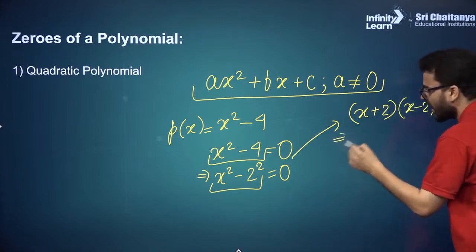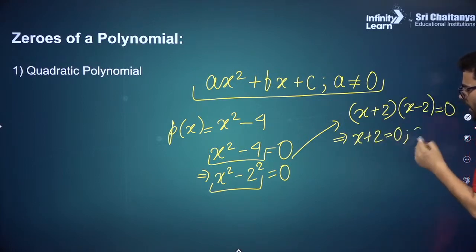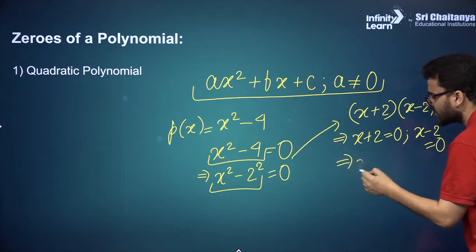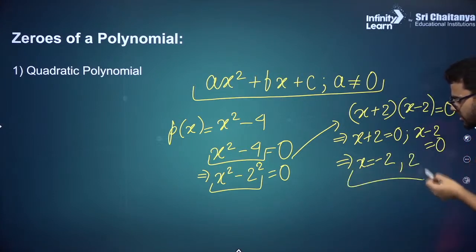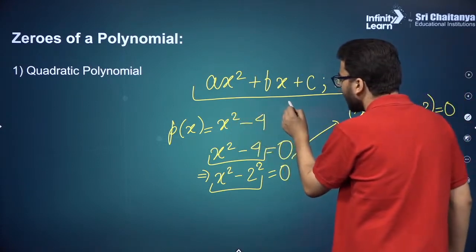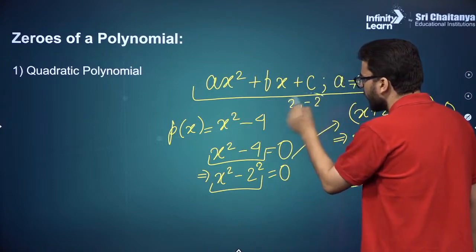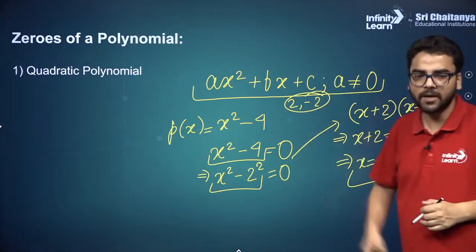So x plus 2 is equal to 0, or x minus 2 is equal to 0. You will get x equal to minus 2 and 2. Therefore the zeros of this quadratic polynomial are 2 comma minus 2.